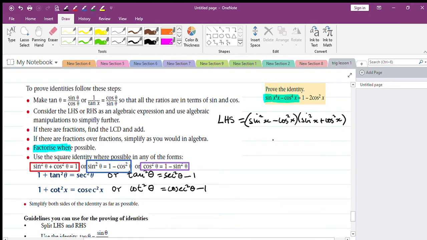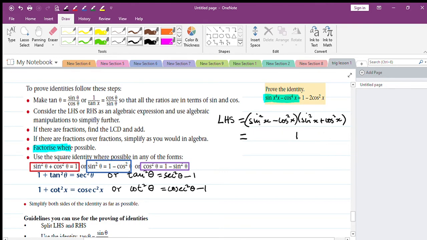Now I simplify further. I know that this bracket is equal to 1, so I put 1 here. If I want to make this look like the right hand side.